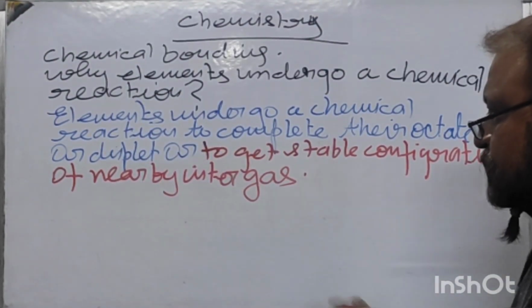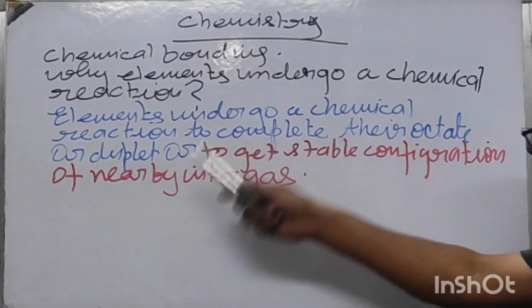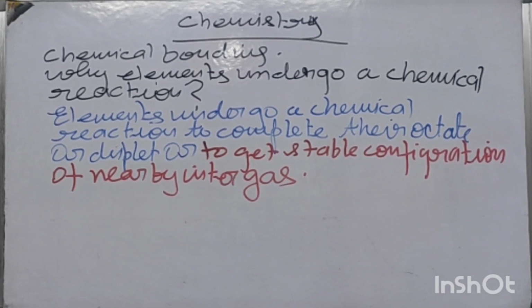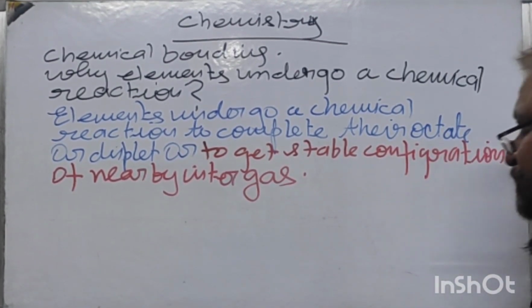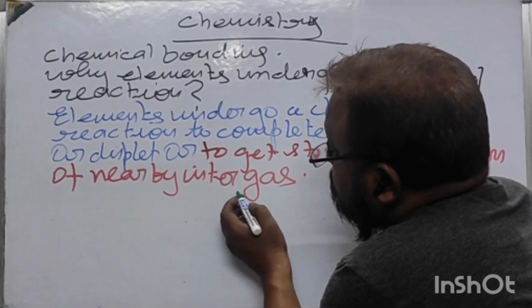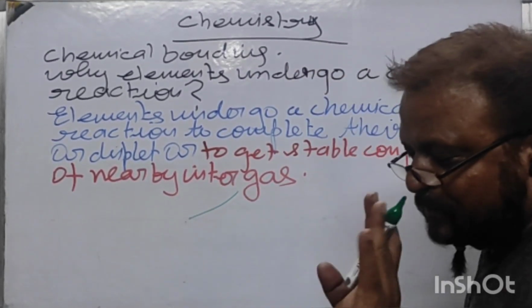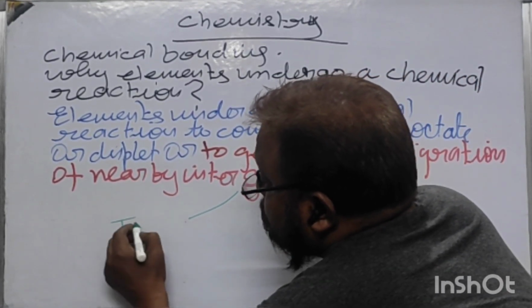Okay. This activity occurs by two methods. To get this stable configuration of nearby inert gas or to complete their octet or duplet, there are two ways, right? What are those? First is transfer of electrons.